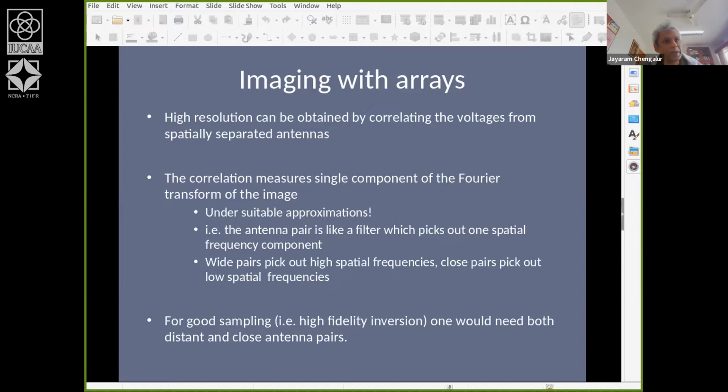Since the imaging is indirect, it could quite well be that if your antenna pair separation is not well tuned to the problem, you will see only a filtered version of the image. There may be certain components of the image brightness which you are simply insensitive to because you have filtered them out. The equipment that you have is not sensitive to it.